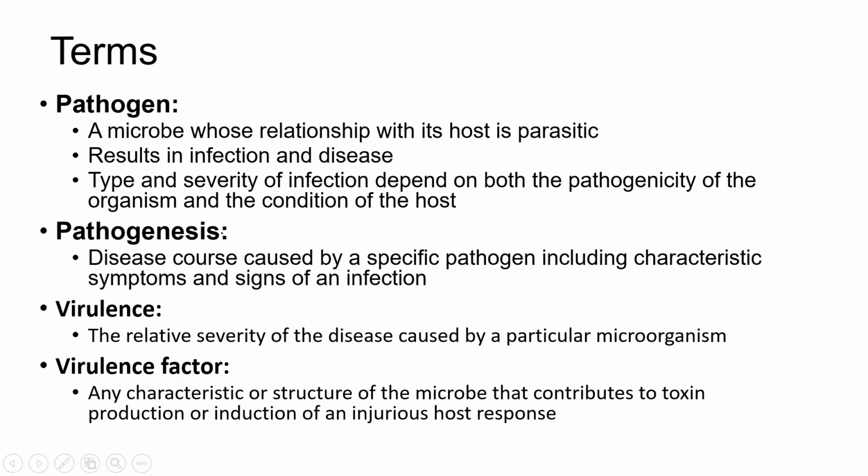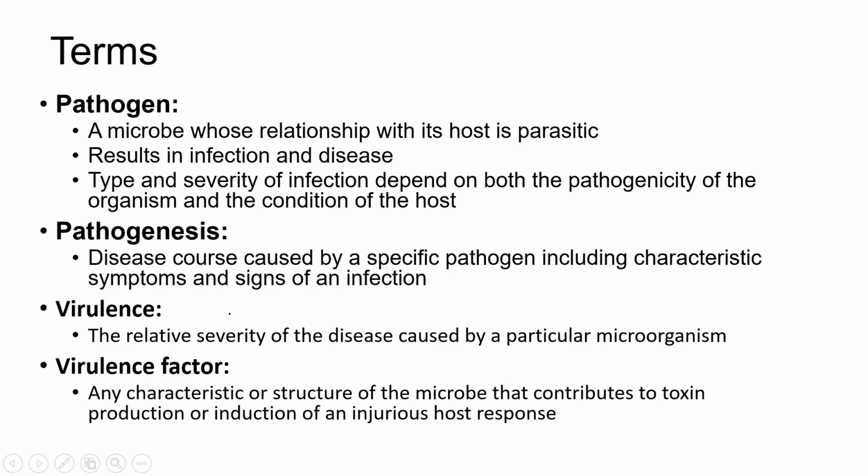And the pathogenesis term that we're using in the title of today's video refers to a disease caused by a specific pathogen, the course of the disease, and the specific symptoms and signs of that infection. You're going to hear me use the word virulence, which refers to the relative severity of the disease caused by that microorganism.